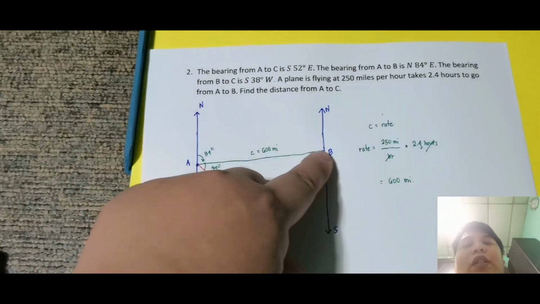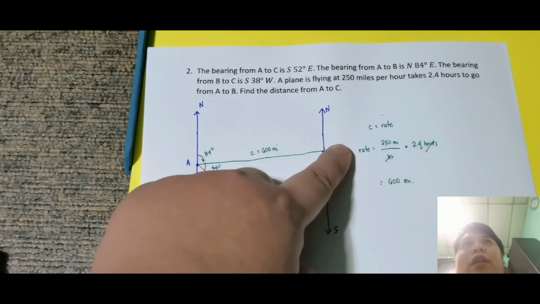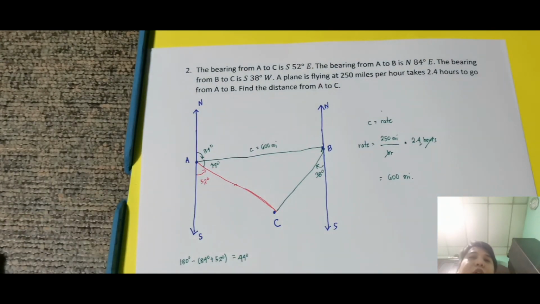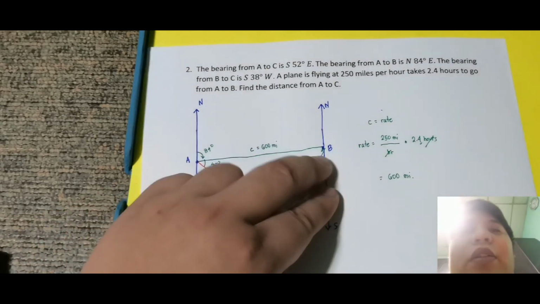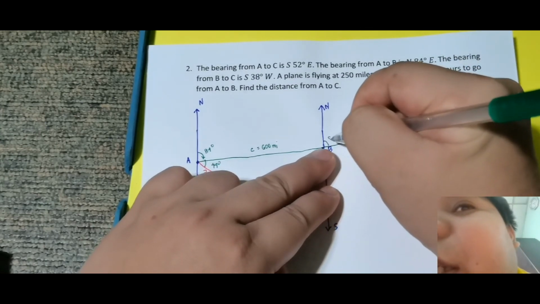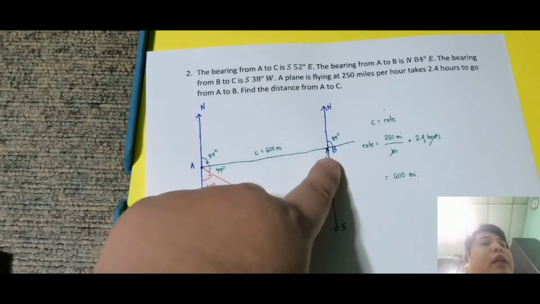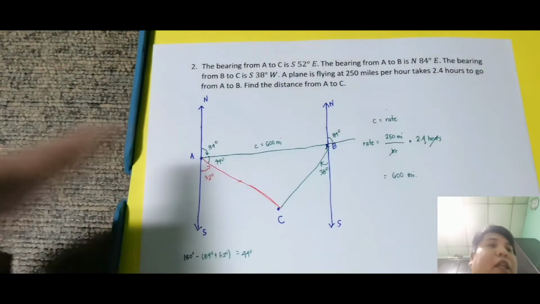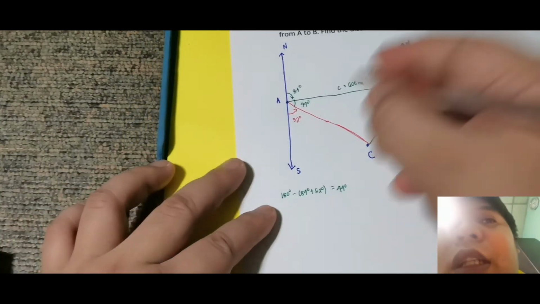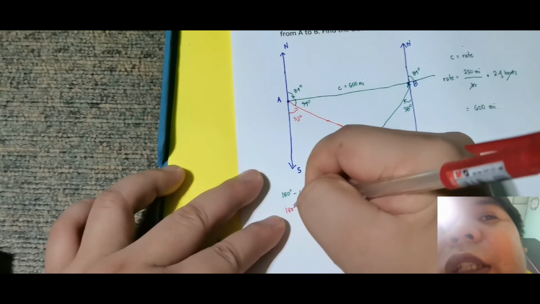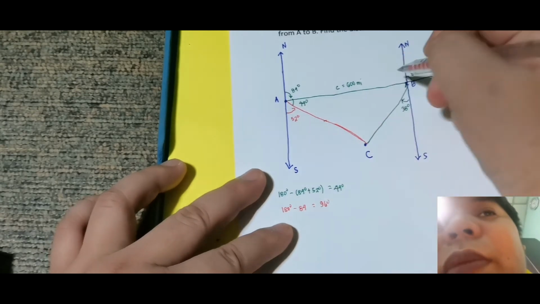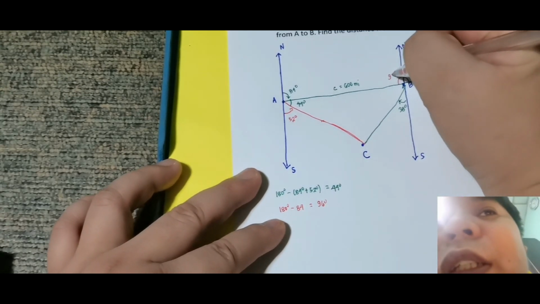So kung in-extend natin yan somewhere doon, 84 siya. So tama. Pag in-extend natin yan, yung angle kasi na yan is 84 degrees pa rin. Okay? Tama. So ngayon, para makuha yung angle na to, since straight line naman talaga siya totally, that is 180 minus 84. So that is 180 degrees minus 84, which is equal sa 96 degrees.